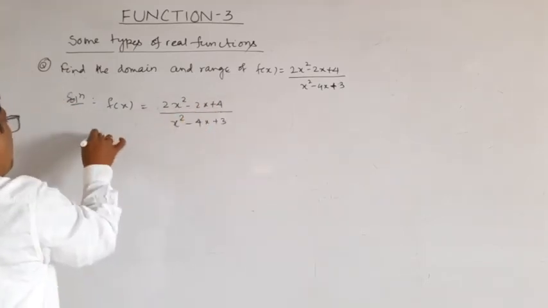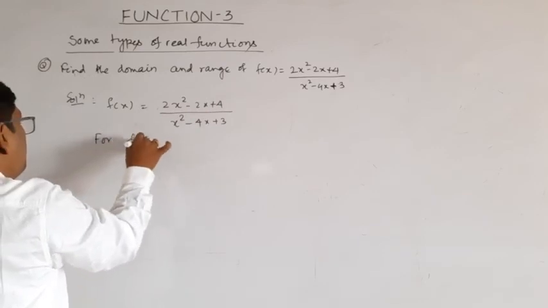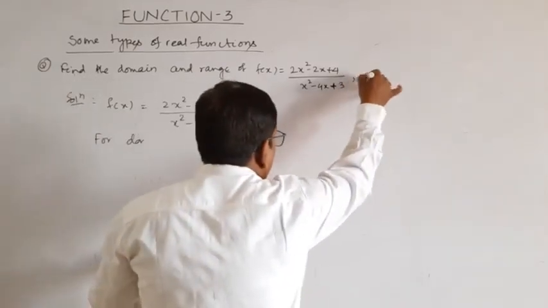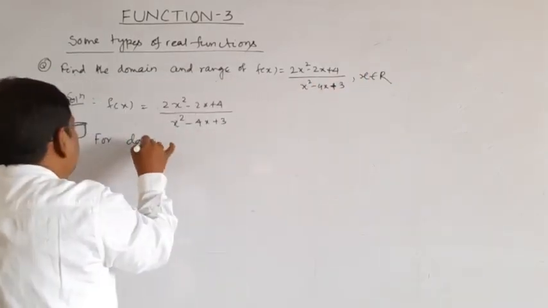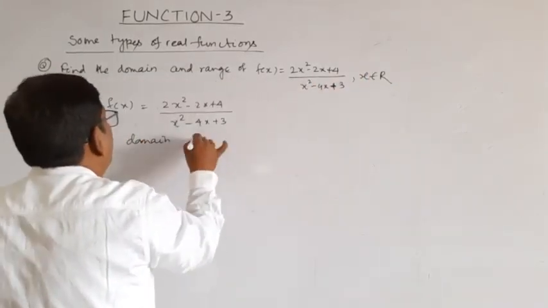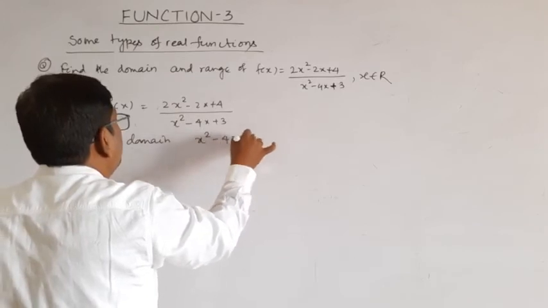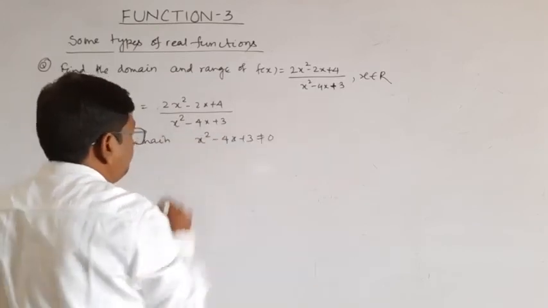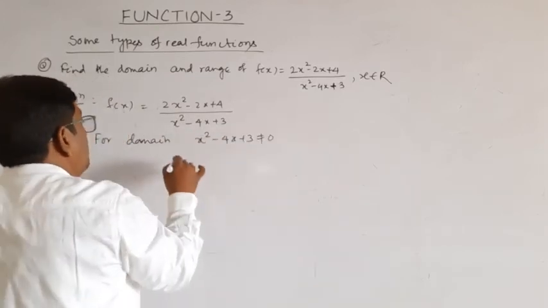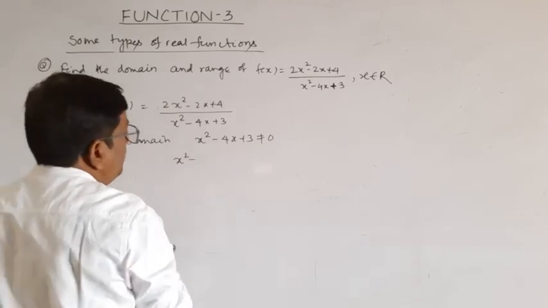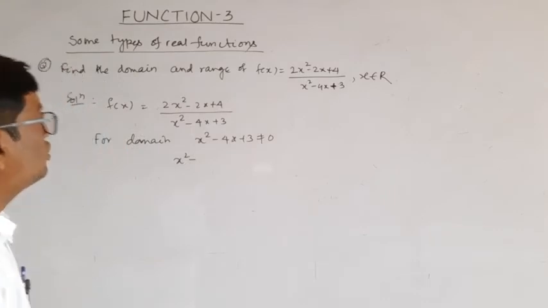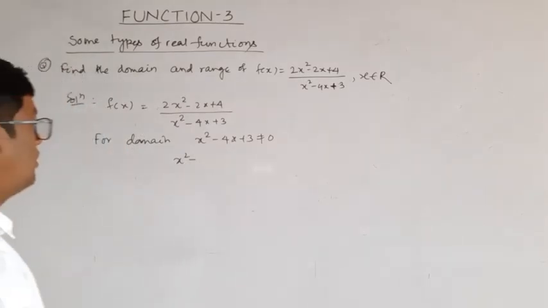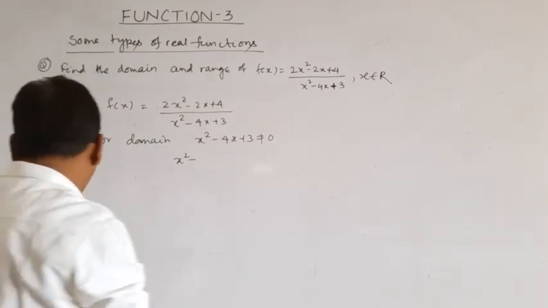For domain, x belongs to R, the set of real numbers, with the condition that x square minus 4x plus 3 is not equal to 0. Find the value of x here.